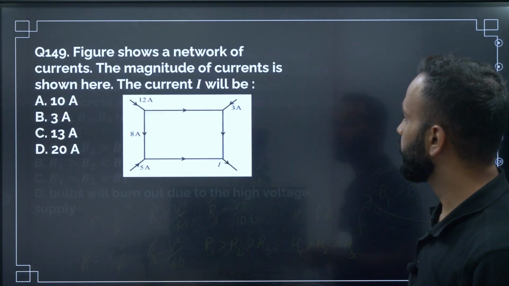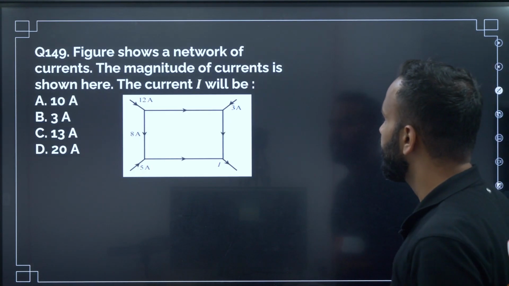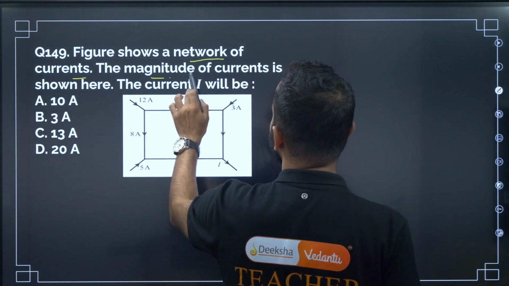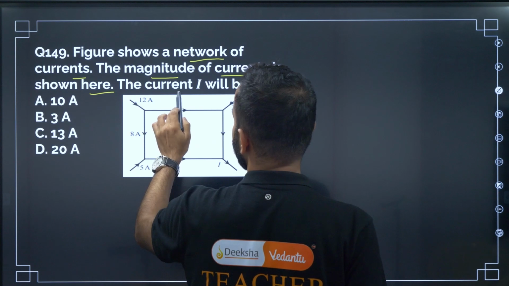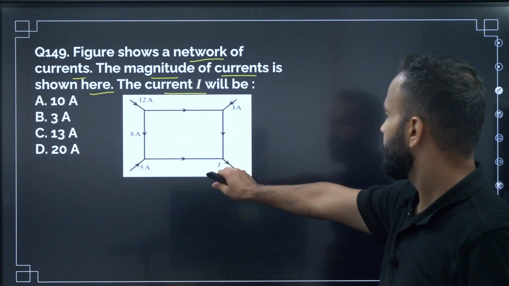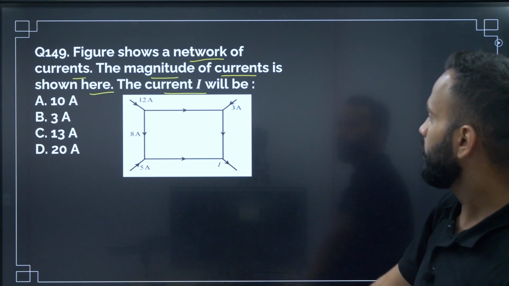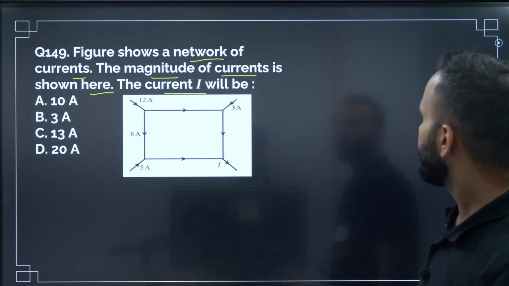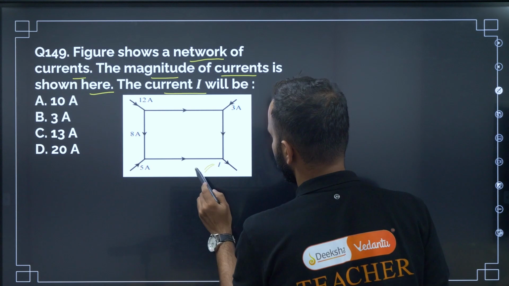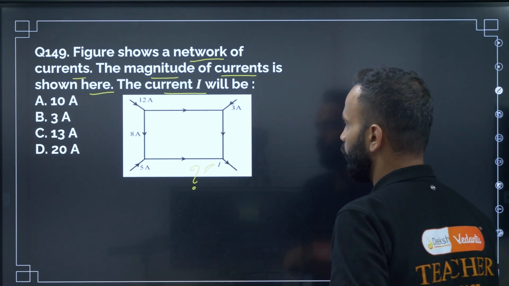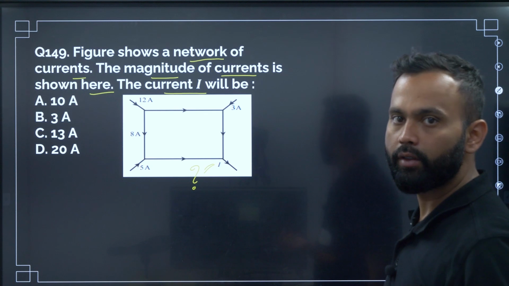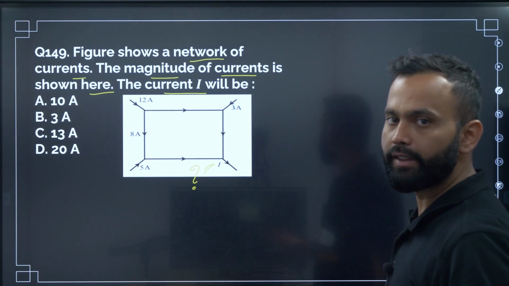Next question, 149. The figure shows a network of currents. The magnitude of currents is shown here. The current I will be? So this is the network of currents shown, and we need to find the current I. Here we need to use Kirchhoff's current law, the KCL rule.